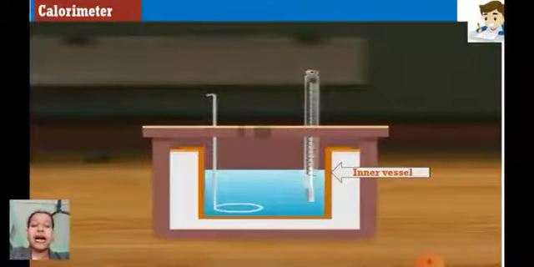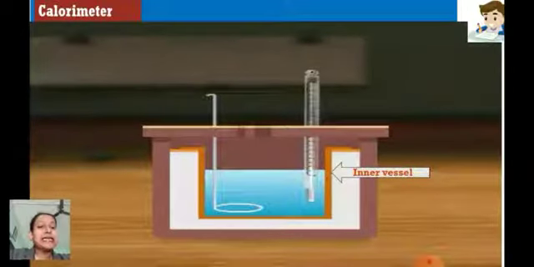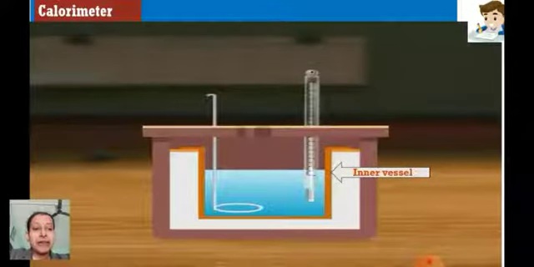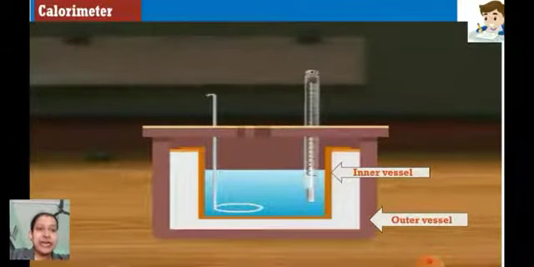Then what are the different parts of the calorimeter? If you see over here, you can see different vessels. There is an inner vessel which is made up of copper, and outside you can see a bigger vessel, which is called the outer vessel.